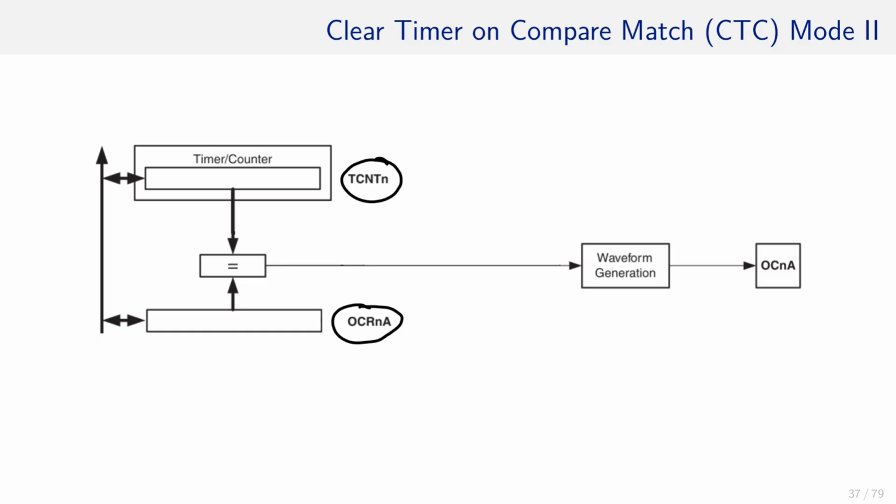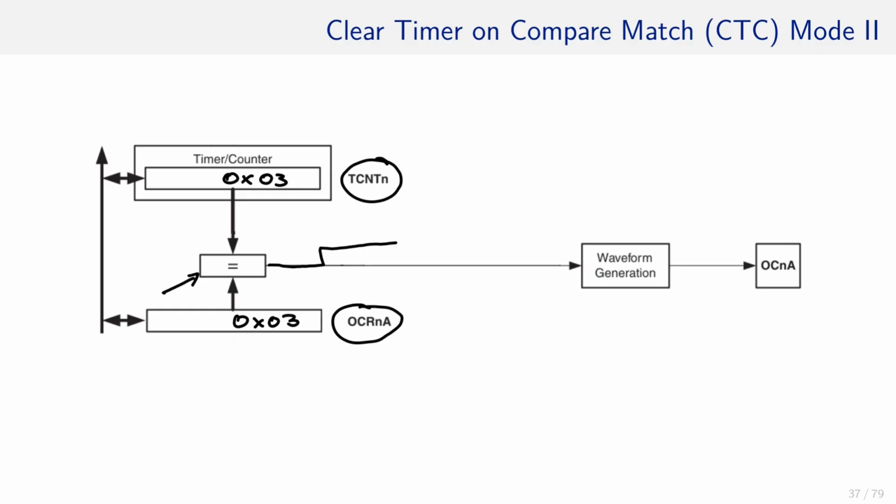In the middle of the two registers is a comparator. If both values in these two registers are the same, this signal goes up. It is used to reset TCNT, and therefore the top becomes a value that can be less than max.